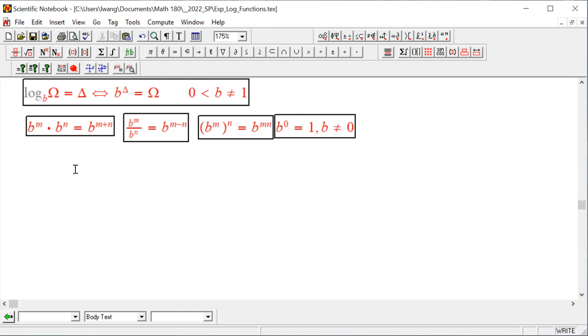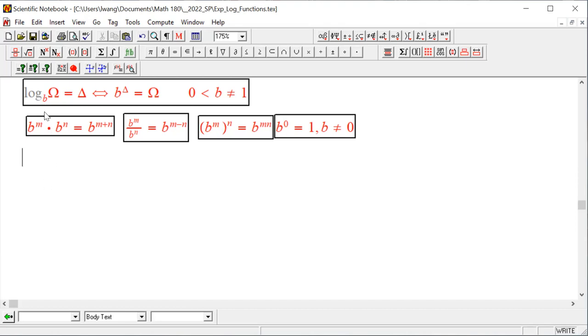So the question is, in the exponential form like this, what is the corresponding form in the logarithm form? Do we have a similar property? That's the question. Okay, so now let us take a look.